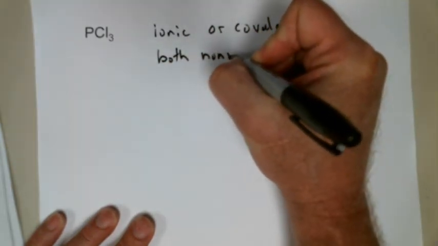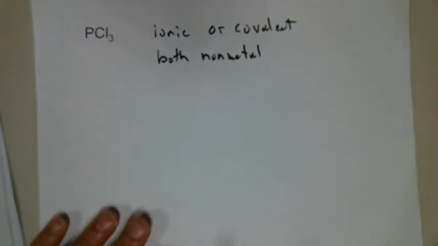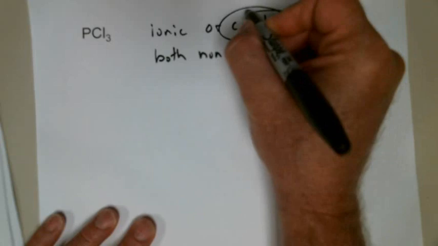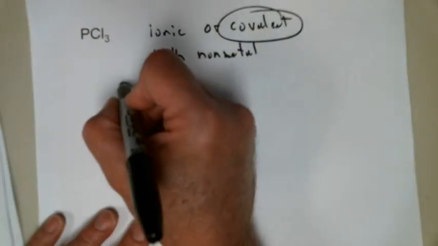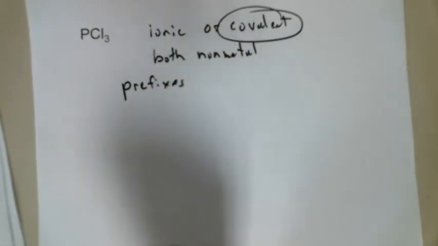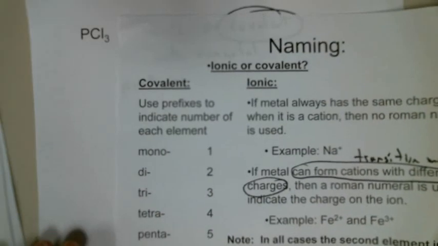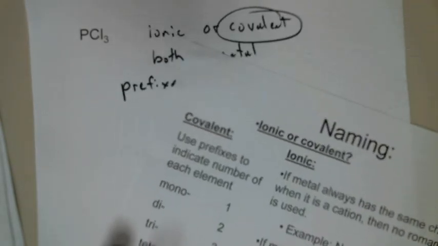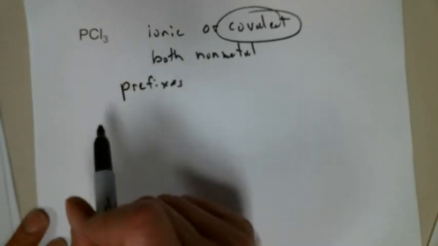So a nonmetal with a nonmetal is covalent bonding, right? And that means we're going to use that other system. Where's that handout? We're going to use the prefixes, right? And so we have to memorize those prefixes. And again, the elements are in the same order.